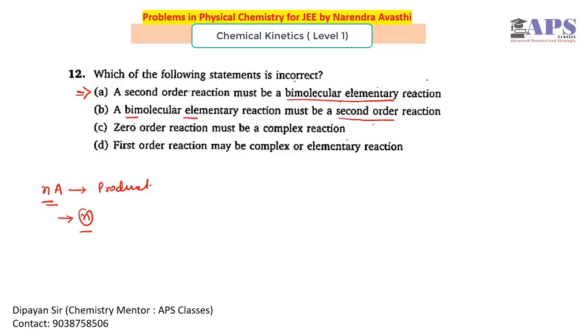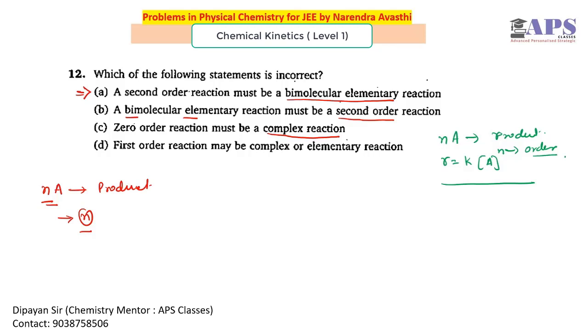This is correct. For zero order reaction there must be a complex reaction. Why? Because if it is an elementary reaction, the problem is we cannot write nA to product, and if it is an elementary reaction, rate will be k[A] to the power n, okay, and n is the order.